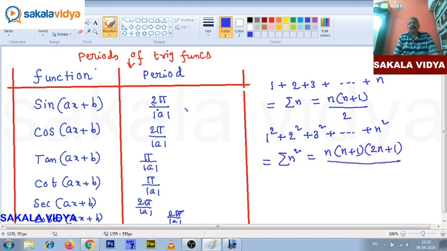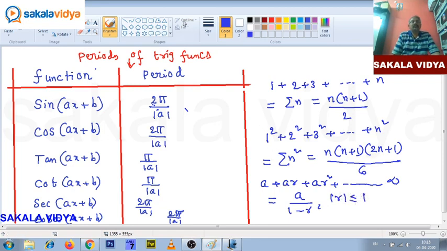Please note it down. And next, a plus ar plus ar square and so on to infinity, that is the sum to infinity, equals a by 1 minus r, where mod r is less than 1. These concepts you need to remember.